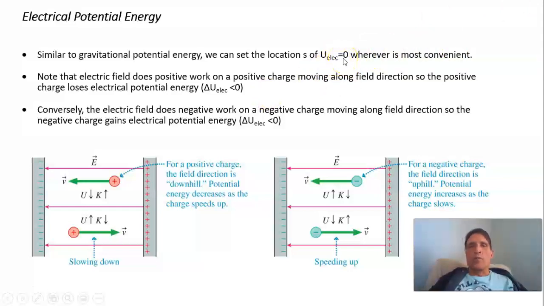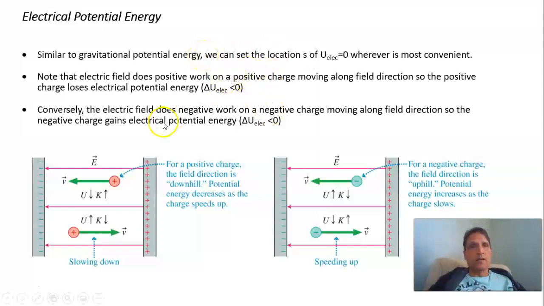And in fact, with electric circuits, for example, a battery, we will often call the negative terminal of the battery, or what is called circuit common or ground, the zero point of the potential. So we can set the zero wherever we want. That's not a big deal yet at this point, but when we start getting into circuits, it'll become more important in chapter 27 or whatever it is.